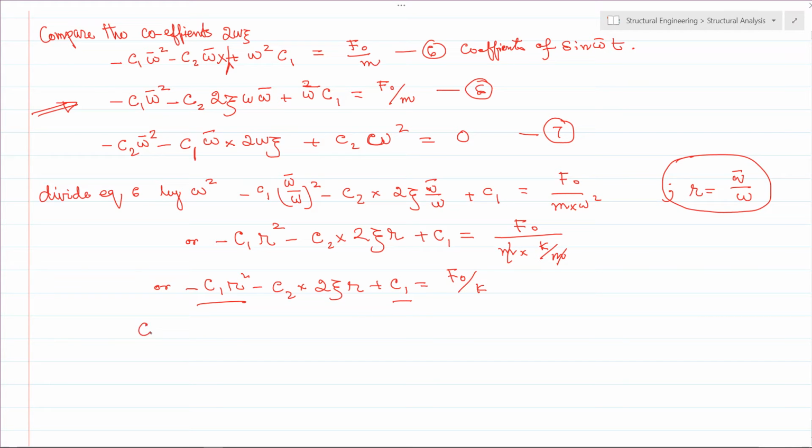If we take C1 common, it will be 1 minus R square minus 2 times xc R times C2, and this will be equal to F naught over K. Let this be our equation number 8.